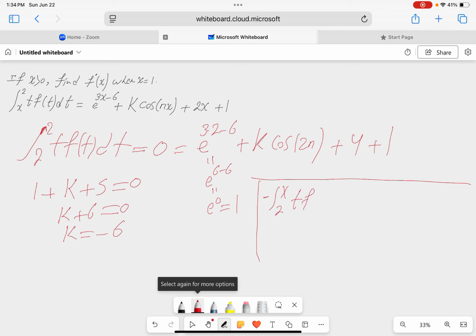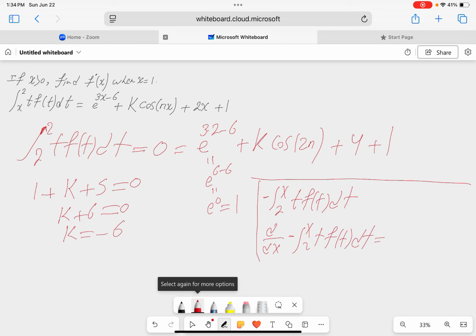And then t f(t) dt, because I changed the ending and the starting, I had to put a negative sign outside the integration. If I want to take the derivative with respect to x, we have a negative here, the integral from x to 2 of t f(t) dt.